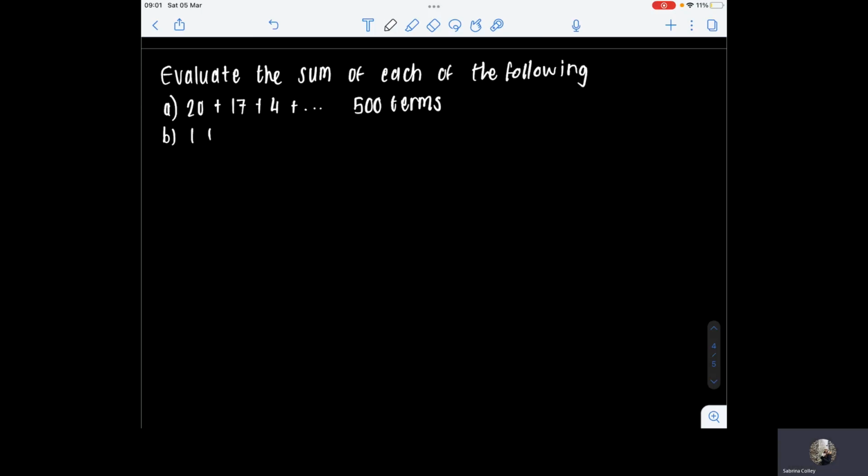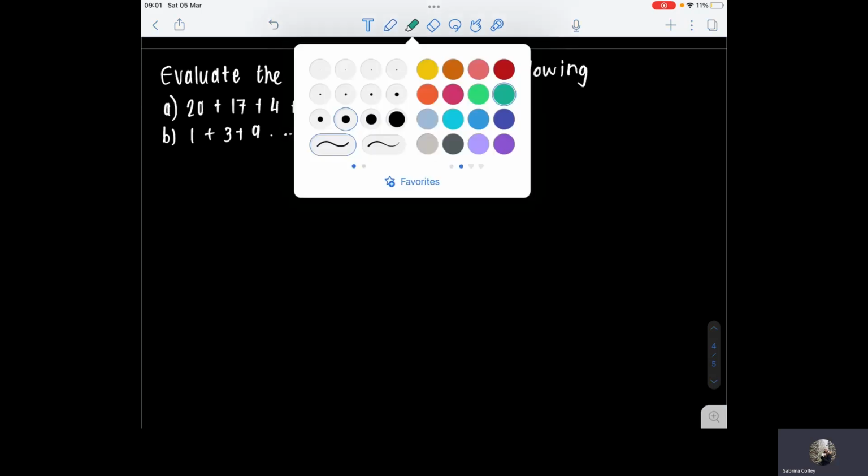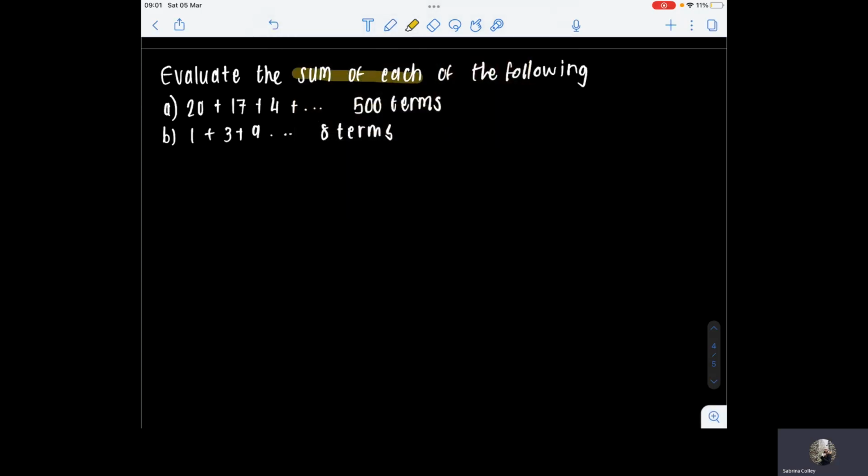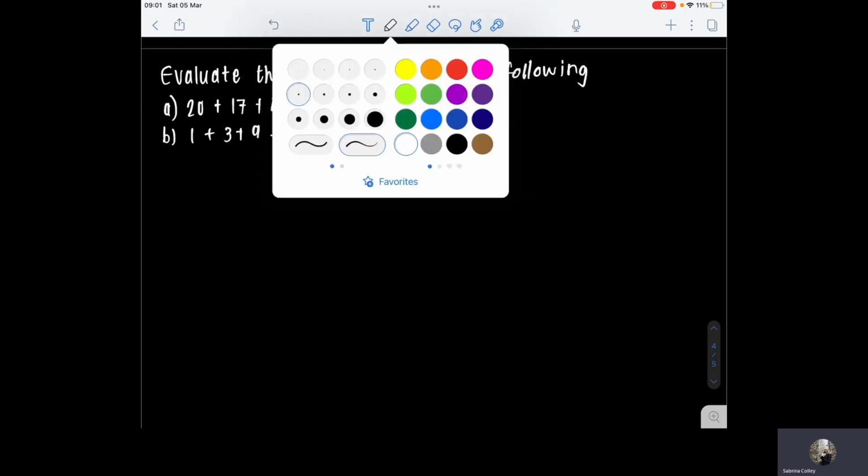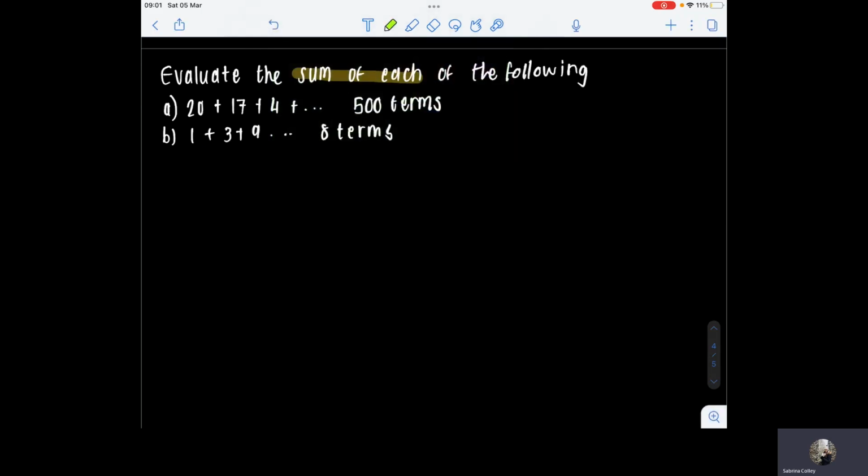And B: 1 plus 3 plus 9 up until 8 terms. The fact that they've said sum of means you need to use your series formula because you're adding them. So let's look at A. Let me first determine if it's an arithmetic series or a geometric series. Let's first check if it's arithmetic. T2 minus T1 is 17 minus 20, that's going to give me negative 3.